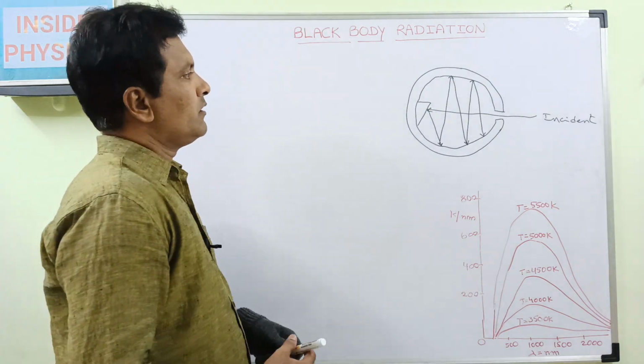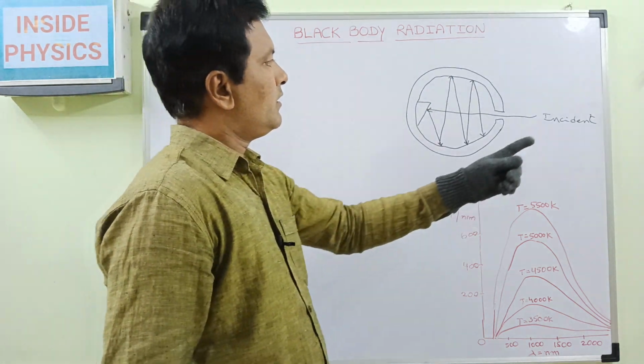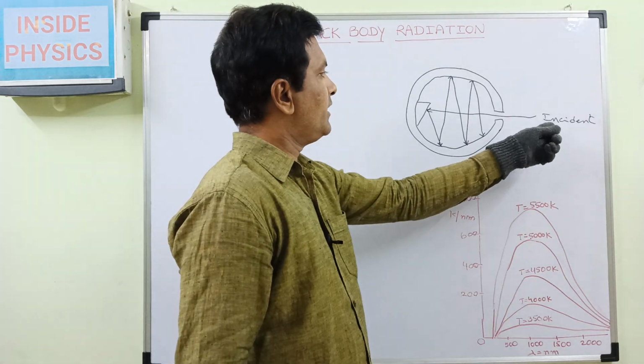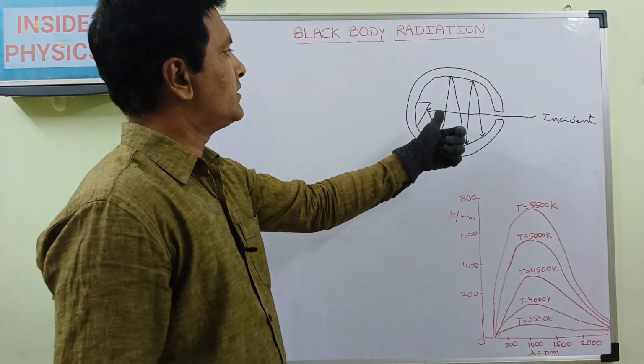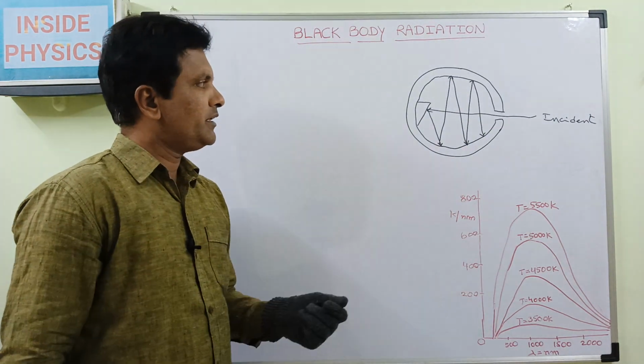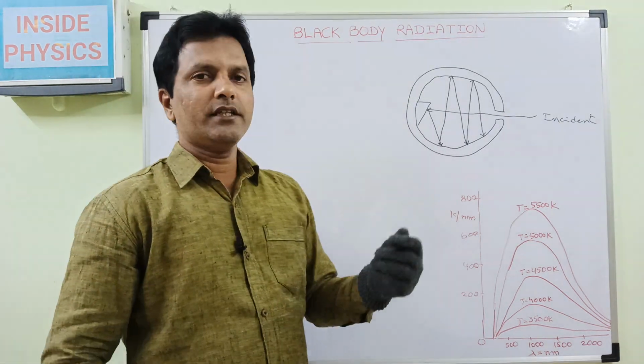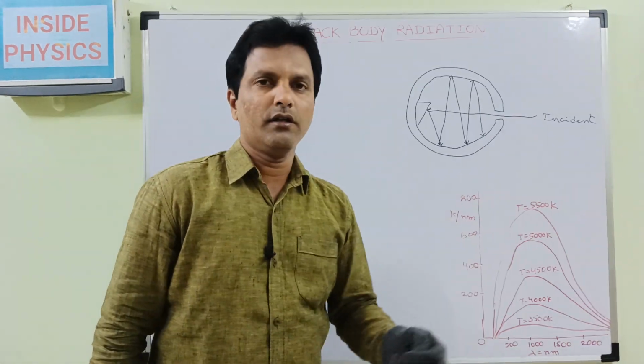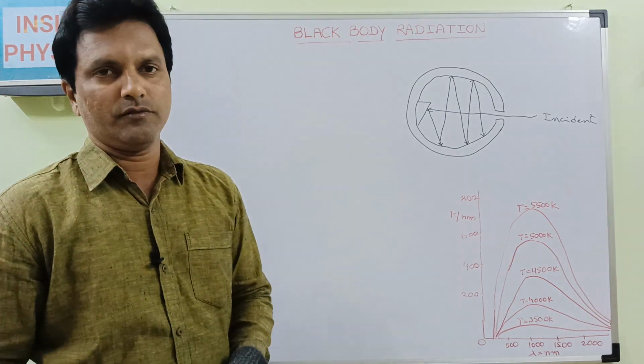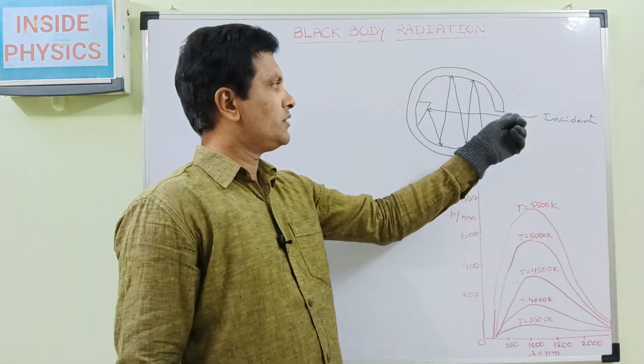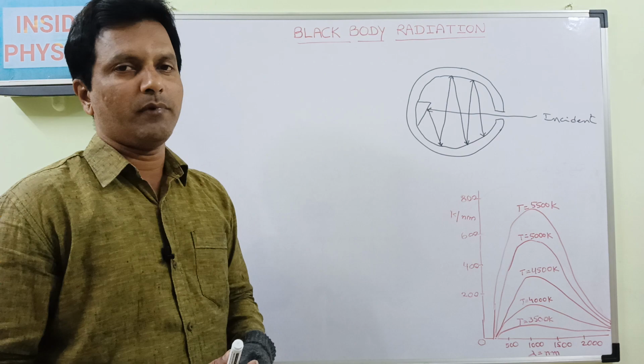When the incident rays fall on the inside of the cavity, the probability of the radiation coming out of this hole is almost zero. That's why when we look through this hole it looks black.